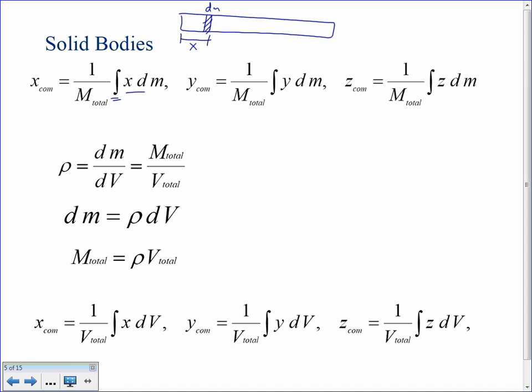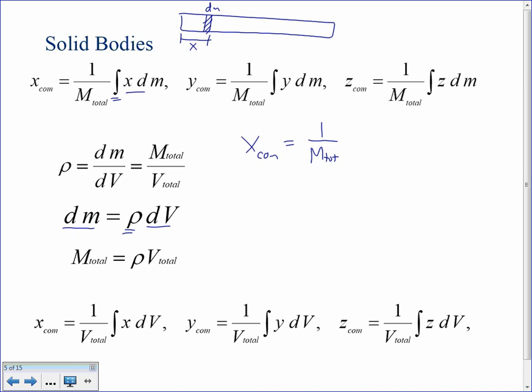And we can go through, and the x coordinate of the center of mass is 1 over the total mass, and we have this relationship that the mass of each little element is the density times the size of that piece.